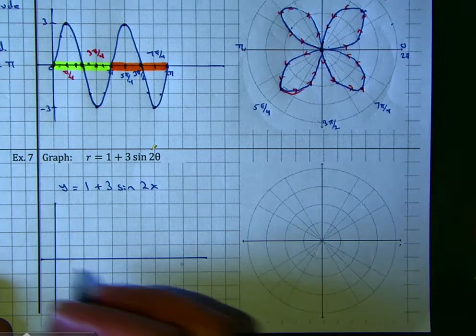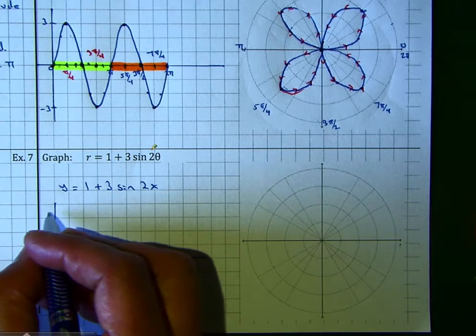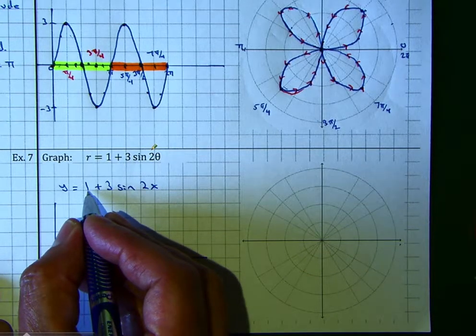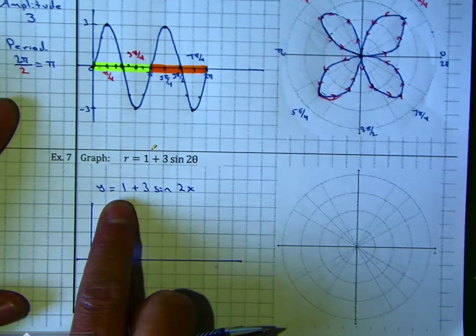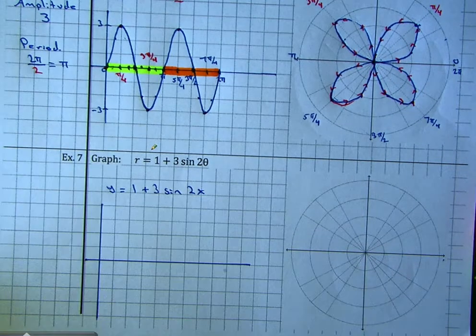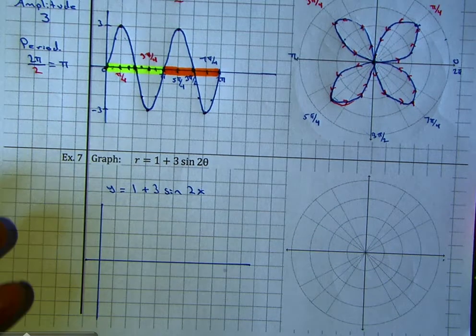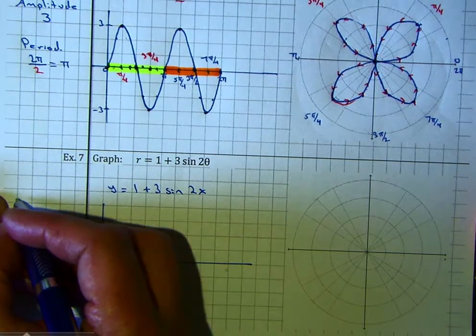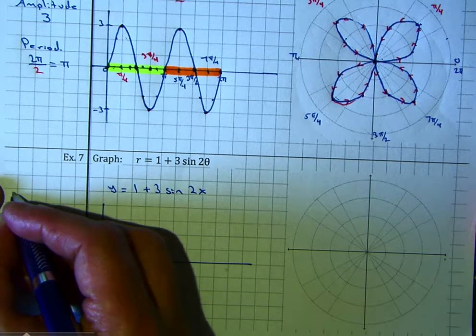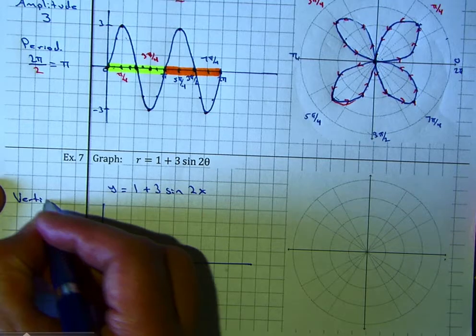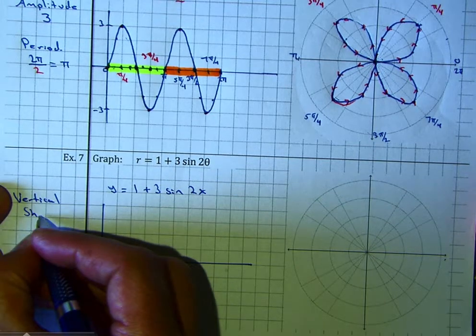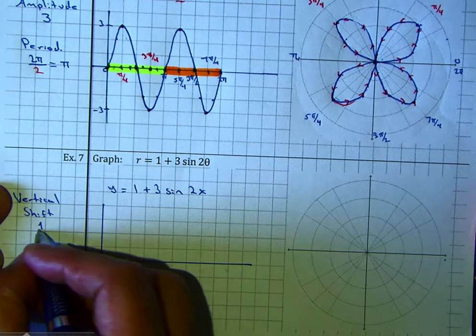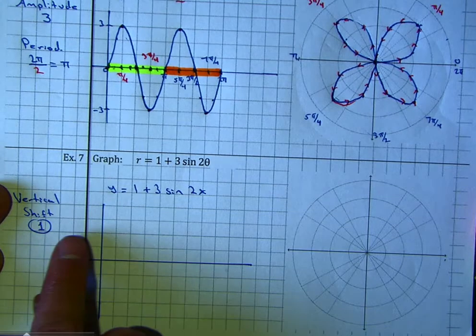Do you guys decide? Okay. The one is going to move your graph up. It's going to be shifted up one. So therefore, my vertical shift is one. Now remember, whenever it's a vertical shift, it's called vertical shift.